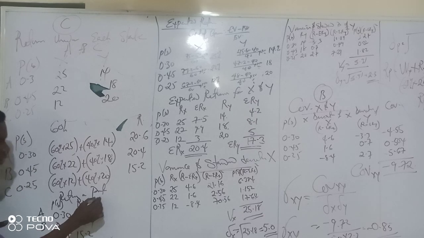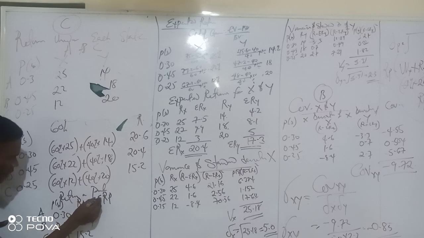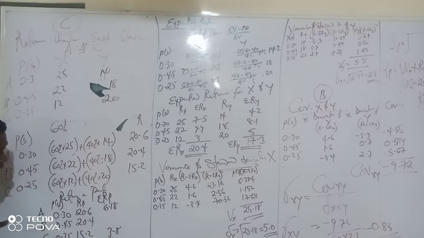So the returns of portfolios are this and this, this and this, this and this. Let's tell the return now. We have 6.18, 3.8, and what?